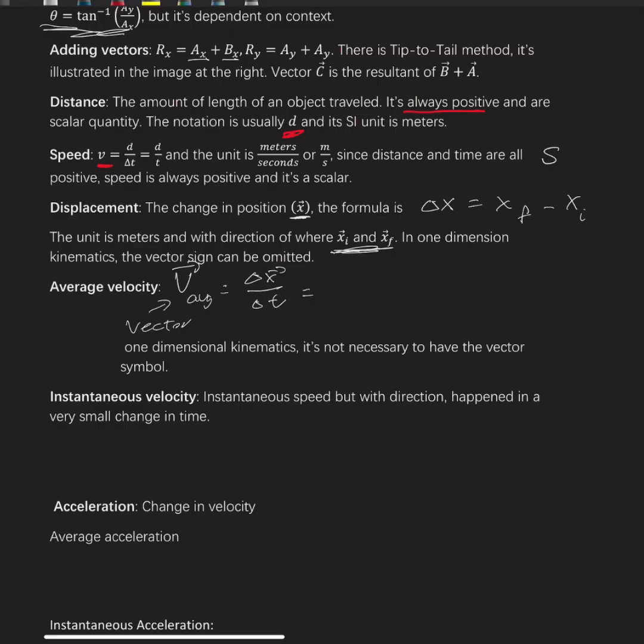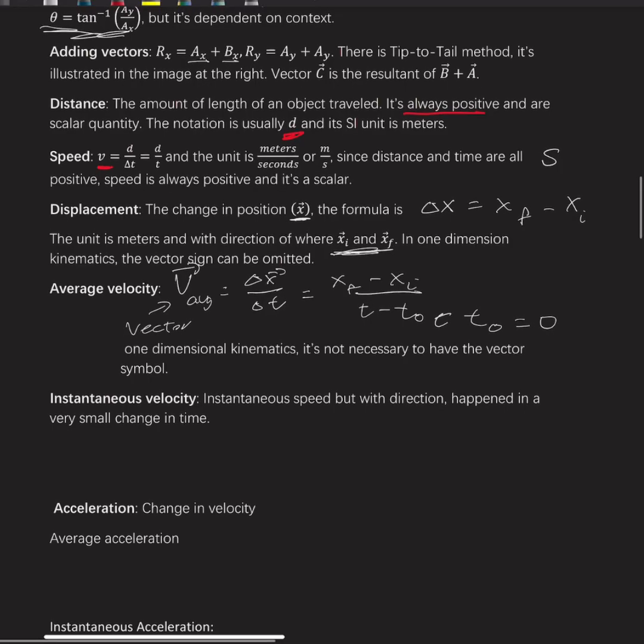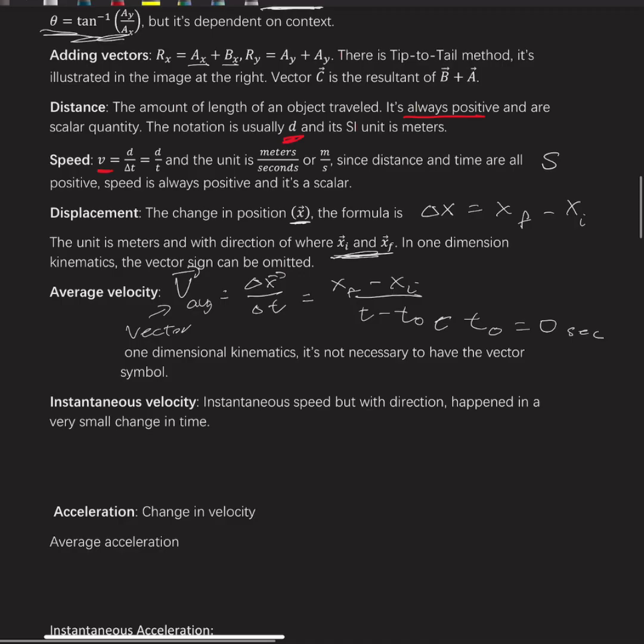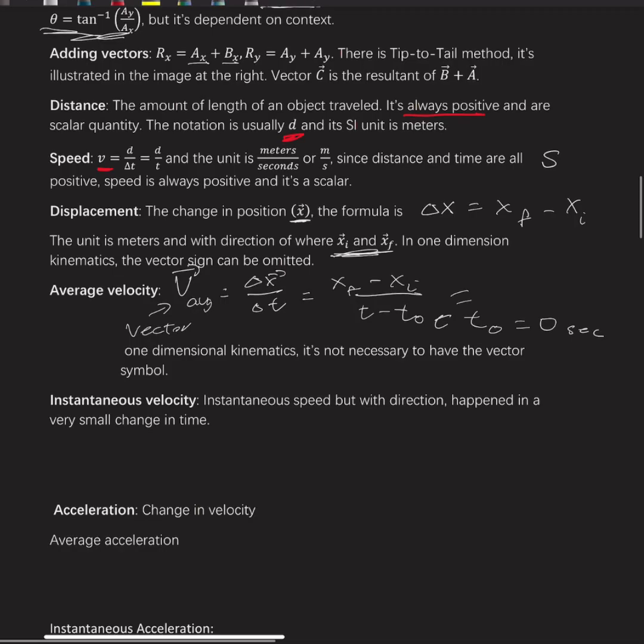So it's x final minus x initial over t minus t0. In AP Physics 1 equation sheets, they assume that t0 equals 0 seconds. So really, you can just say it's delta x over t.